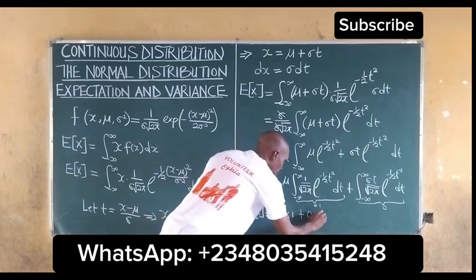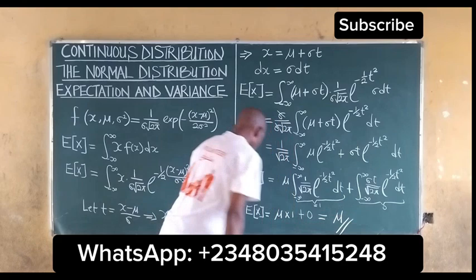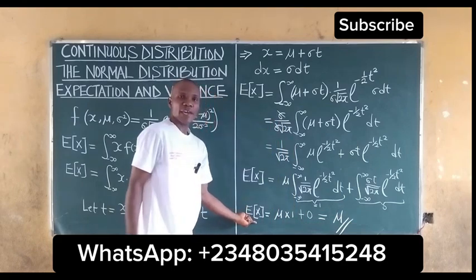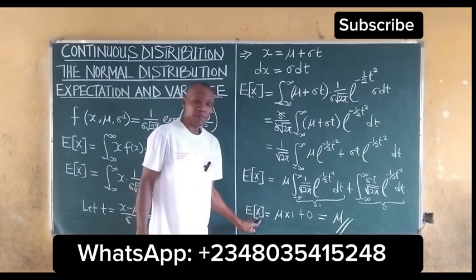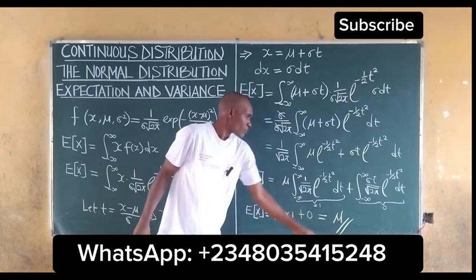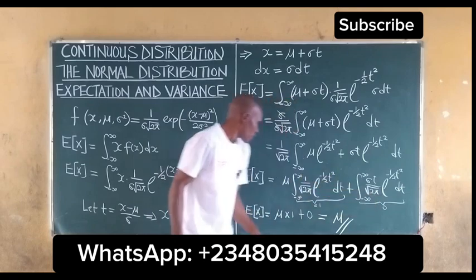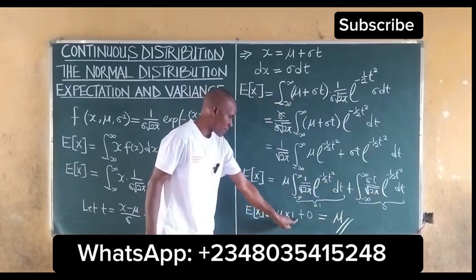It then means that mu is our expected value of x. So we have our expected value of x here to be mu, because this is 1, this is 0.